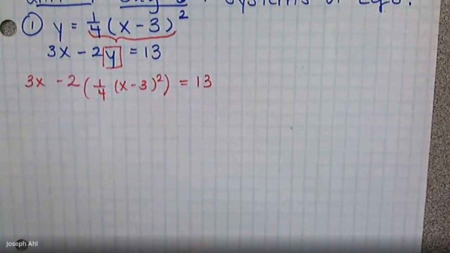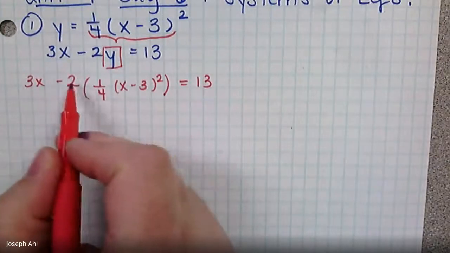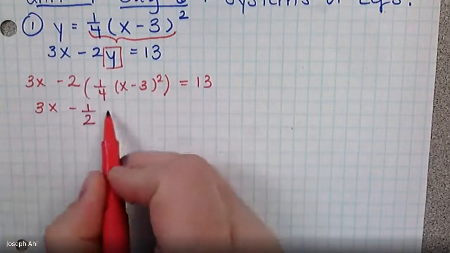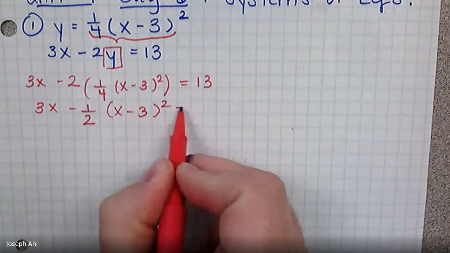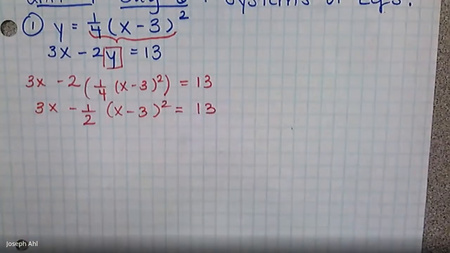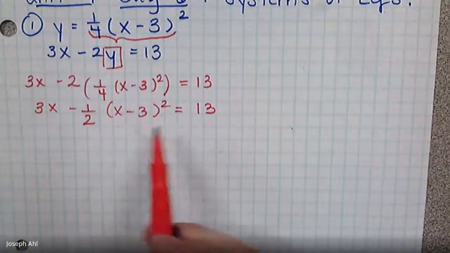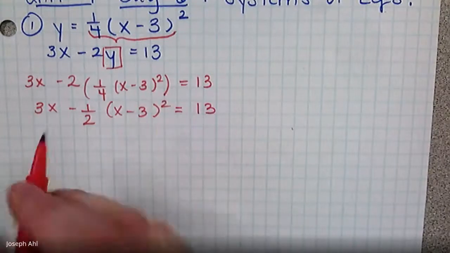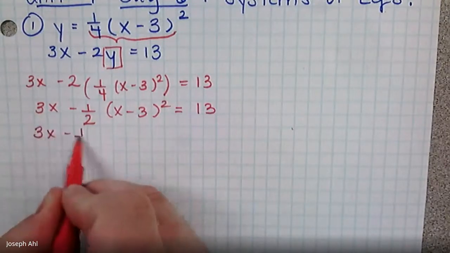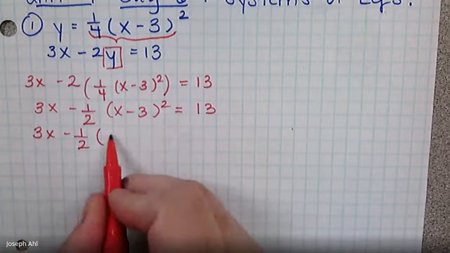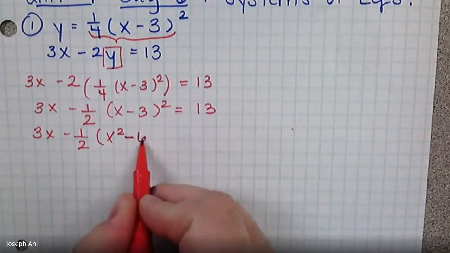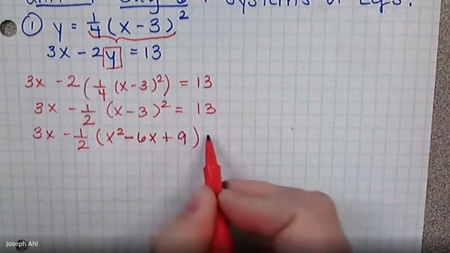So we want to keep simplifying algebraically here. If I multiply the -2 times the 1/4, we get 3x minus 1/2 of (x minus 3) squared is equal to 13. Maybe in the next stage, we're going to start breaking this apart and think about squaring the x minus 3. So we get 3x minus 1/2 times x squared, and thinking about the box method or FOIL, you're going to get a minus 6x in the middle and then a plus 9.